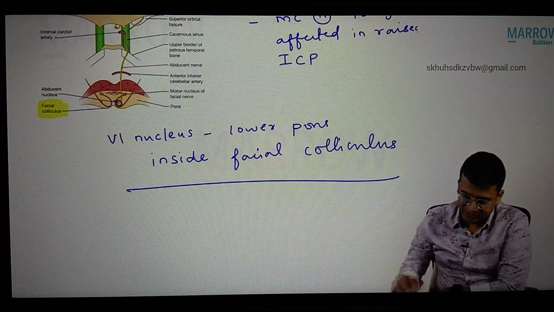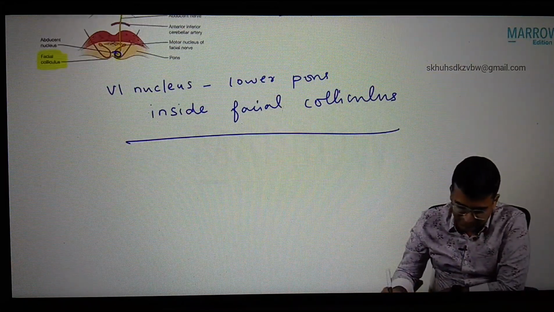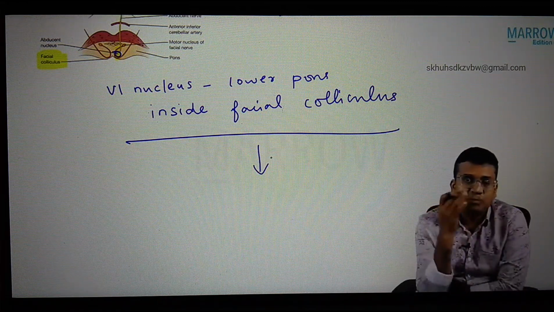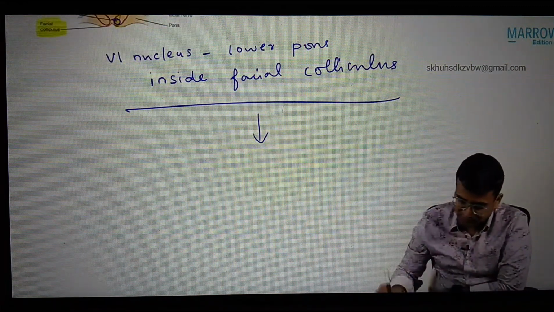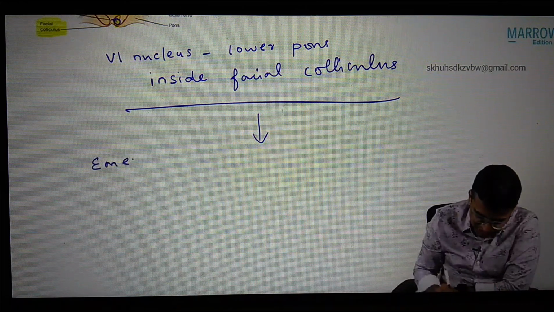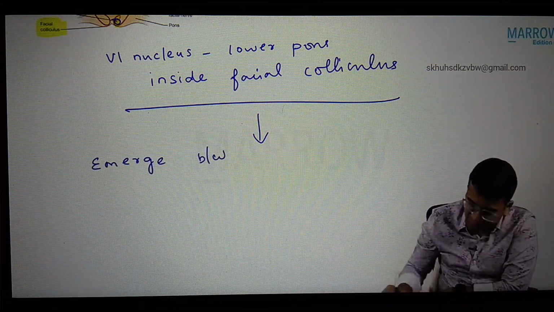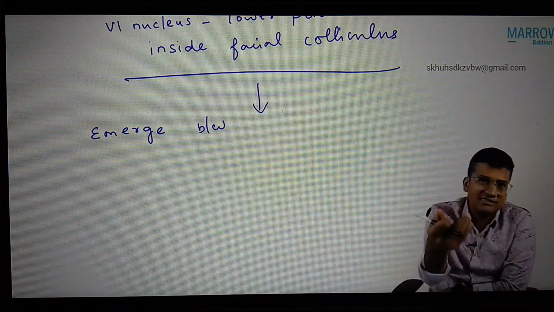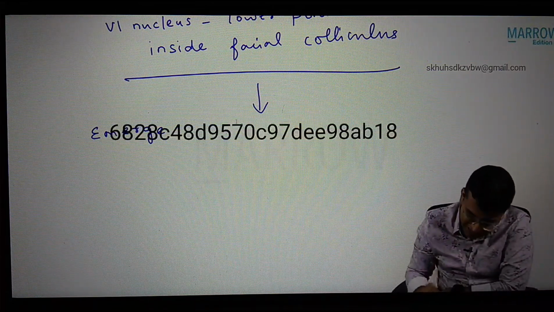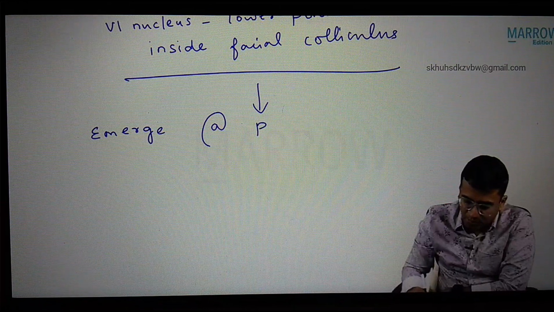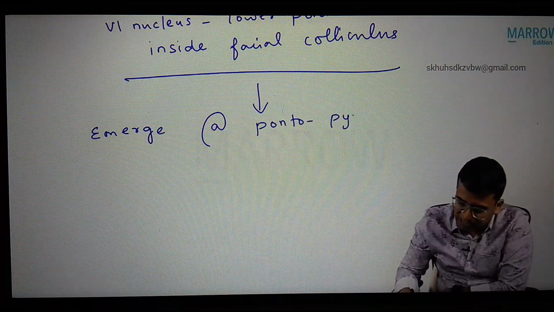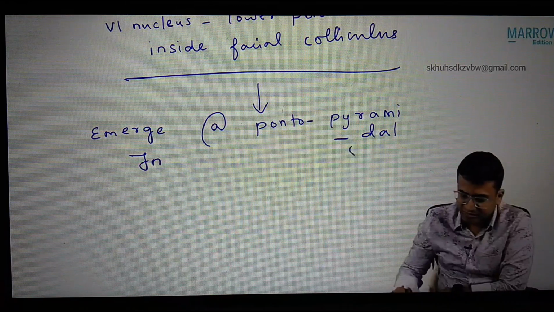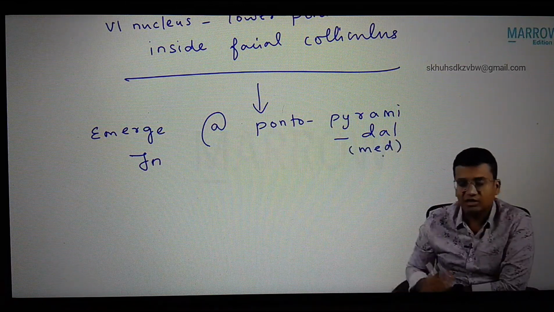Okay. Right. Now, the nerve emerges at the ponto-pyramidal junction. So the nerve emerges at the junction of pons and medulla, strictly speaking, at the junction of pons and pyramid. Emerges at, not between, emerges at the ponto-pyramidal junction. Pyramid is a part of medulla. I hope you remember.